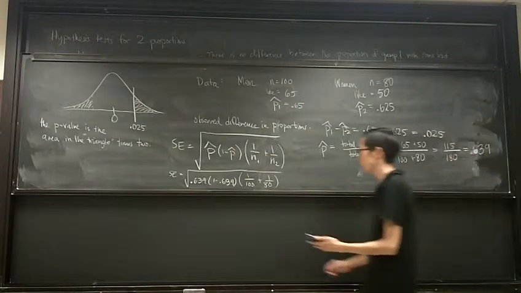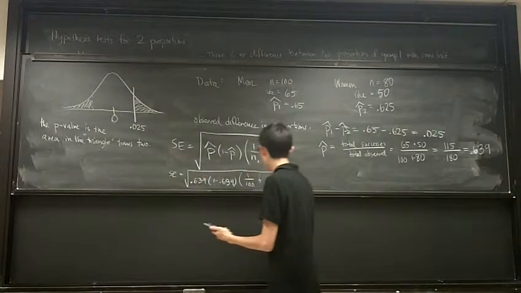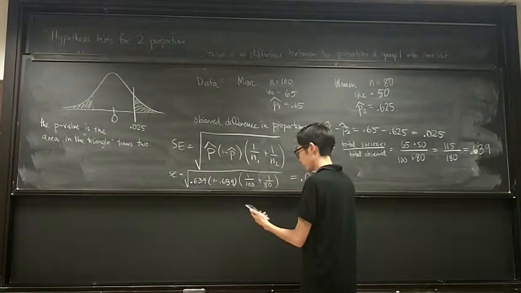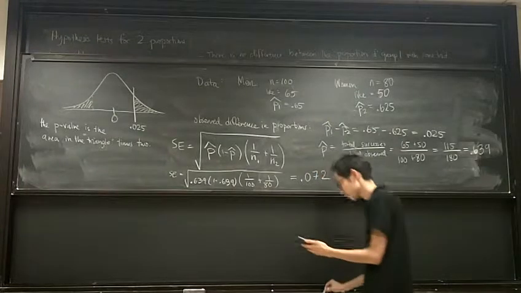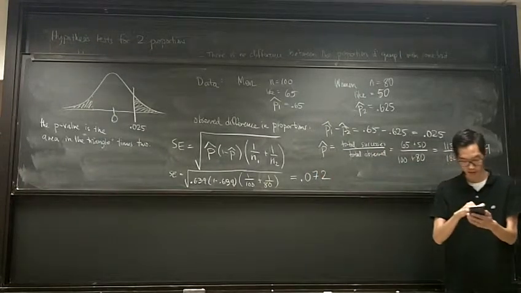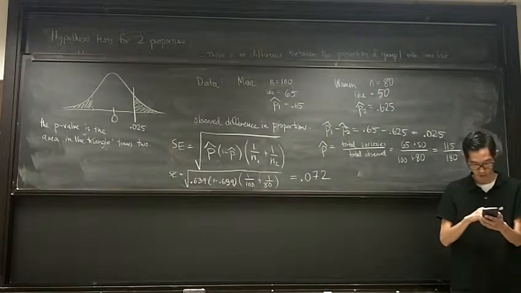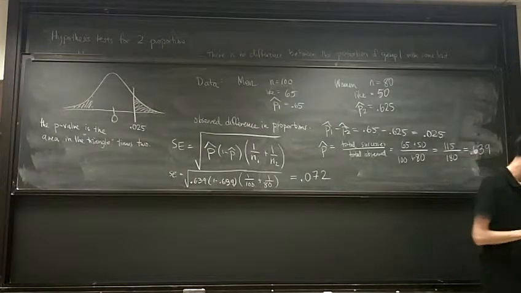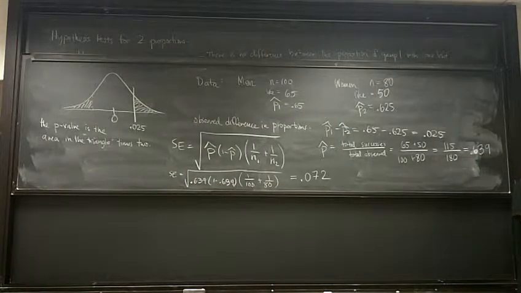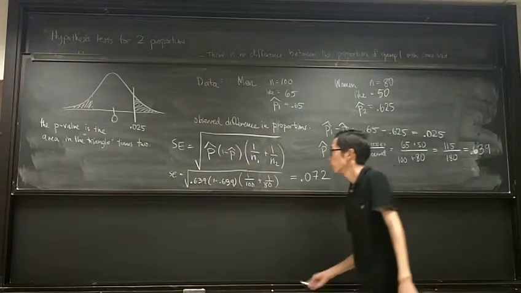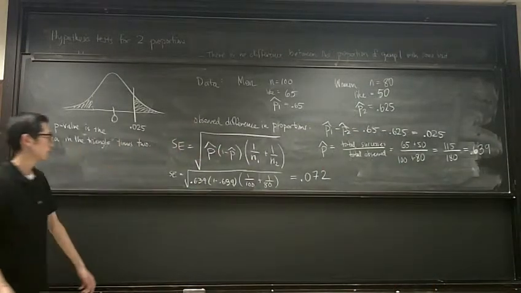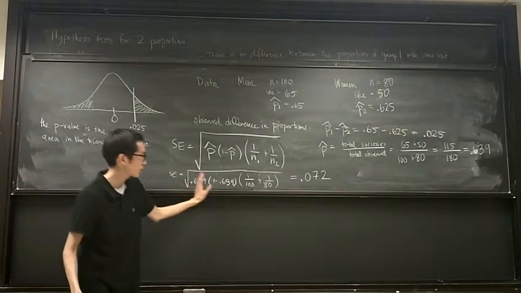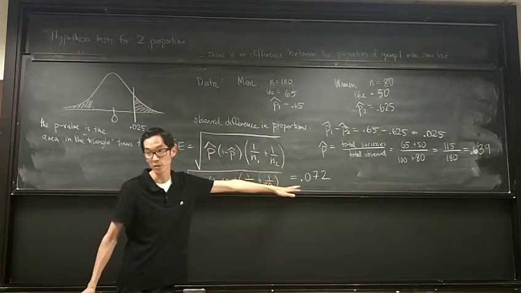Okay, so when I do this in the calculator, I get 0.072. Thank you. And so just trust me that you punch this into your calculator and you're gonna get this number.